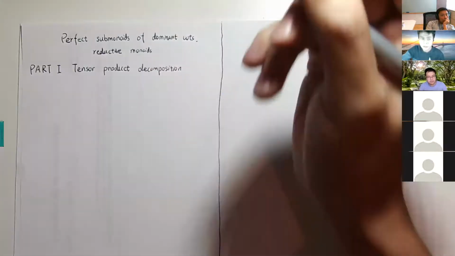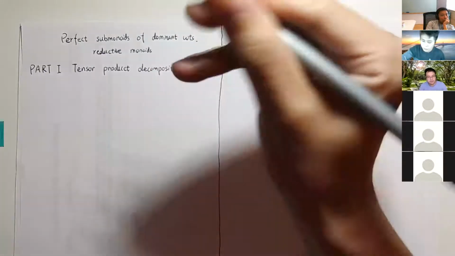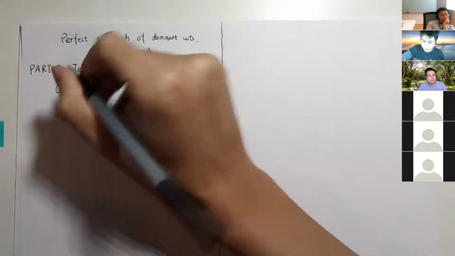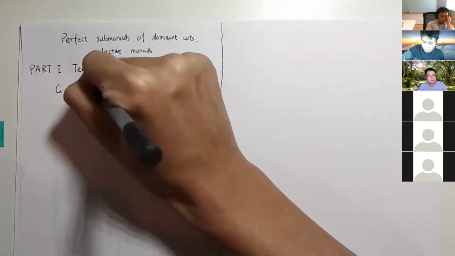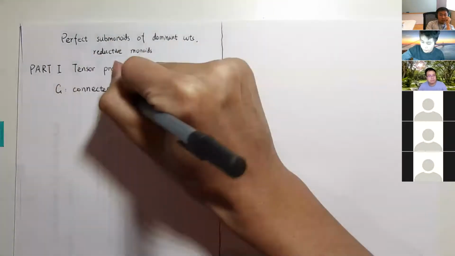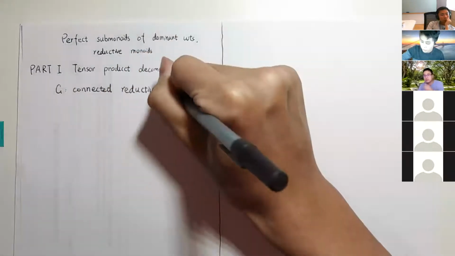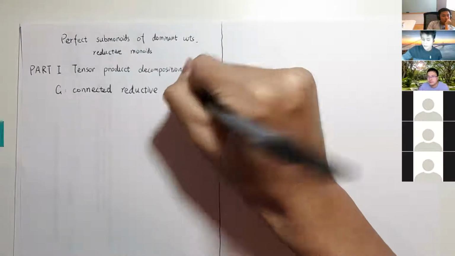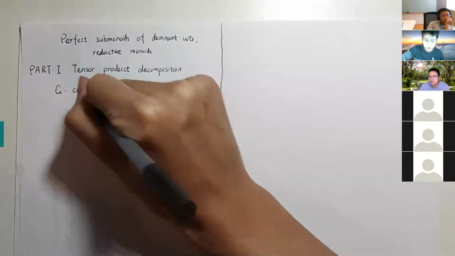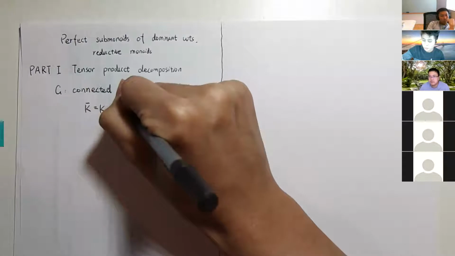So let me fix some notations first. Let G be a connected reductive group over K, and here K is an algebraically closed field with characteristic 0.